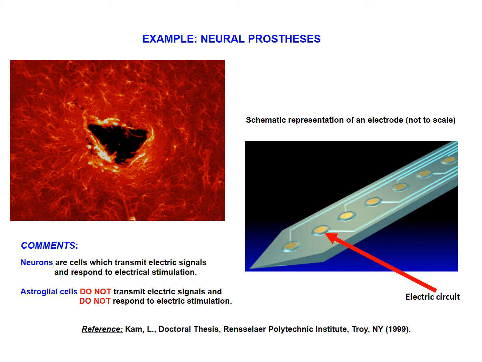In the middle, you see a dark triangular region. Keep in mind that this particular photograph has been produced in great magnification. The triangular area is exactly where that pointed edge of the electrode was inserted, and of course, at the end of the experiment, it was removed.